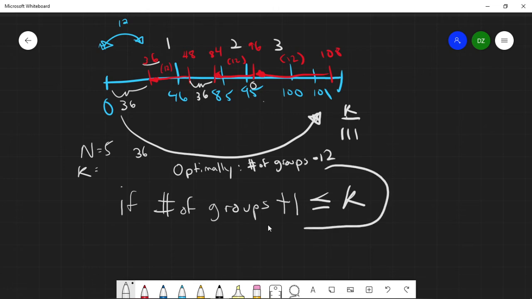So that means it's the number of groups times 12, because you only need the number of groups plus 1 times in order to get the optimal path. And the reason why there's plus 1 is because there's the initial arrow going back here. So optimally, you go here, go to the next group.